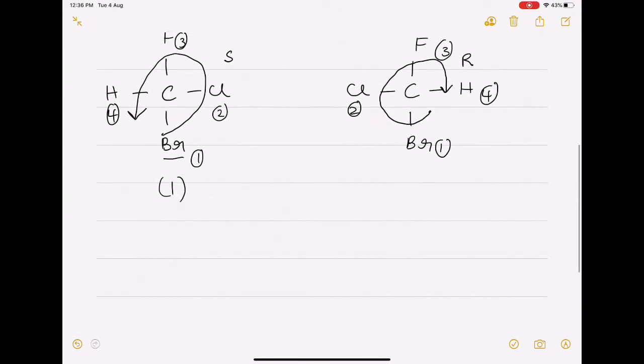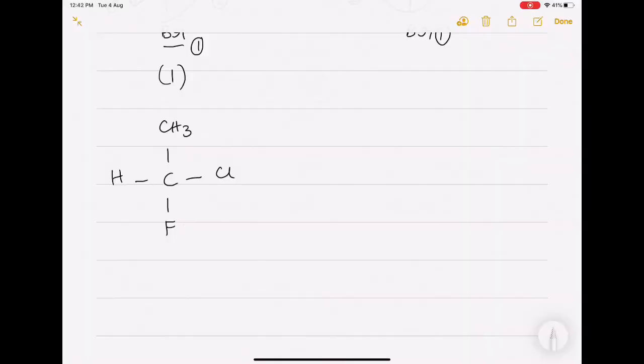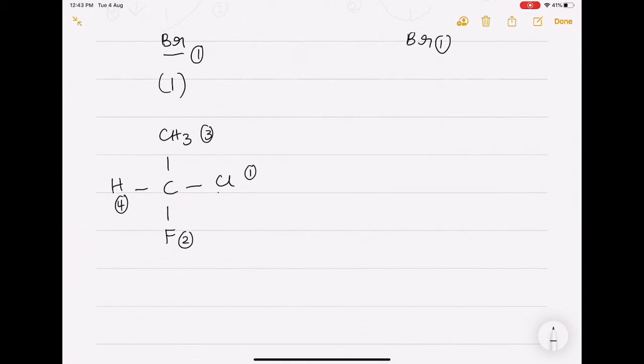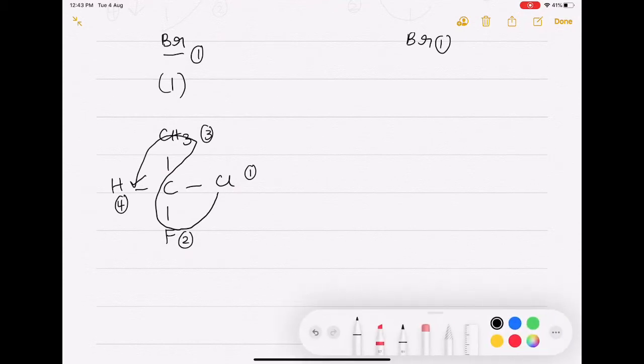Now let's look at another example. If you have to find the absolute configuration of this molecule, the first step would be to arrange them based on their priority. So let's do that. Now let's try to find the configuration. What I told you to do is to find the order in which it goes. So there's 1, 2, 3 and 4, but this is completely wrong.